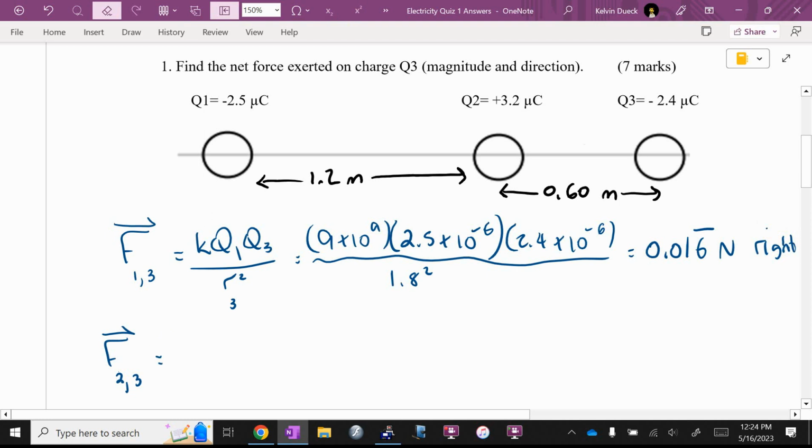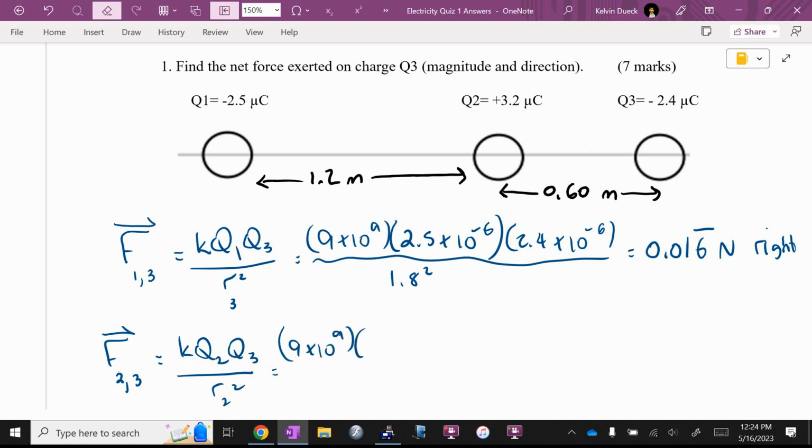Repeat between charge 2 and charge 3. It's going to be K Q2 Q3 over R2 squared. It's going to be 9 times 10 to the 9th, Q2 is positive 3.2 microcoulombs, Q3 is still 2.4 microcoulombs, all over 0.6. Don't forget the squared.